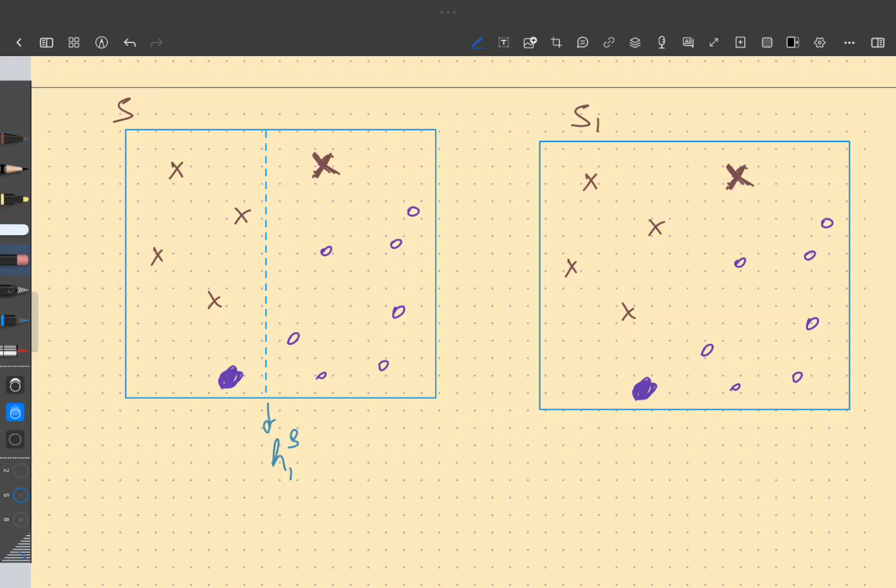S1 can contain multiple instances of some of these points and no instances of some of the other points. So maybe S1 doesn't have some of these points.